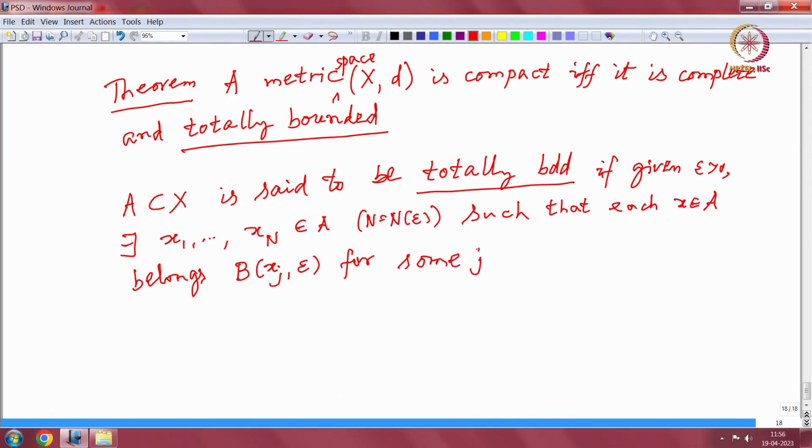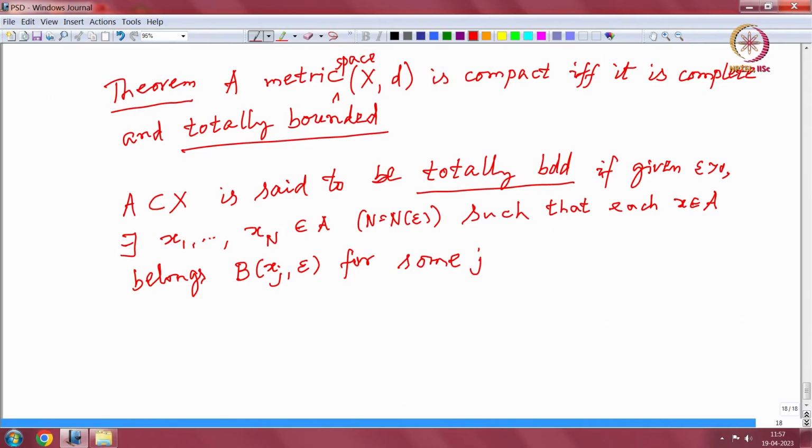Okay. That means a finite number of balls cover the set A, and then we call that total boundedness.